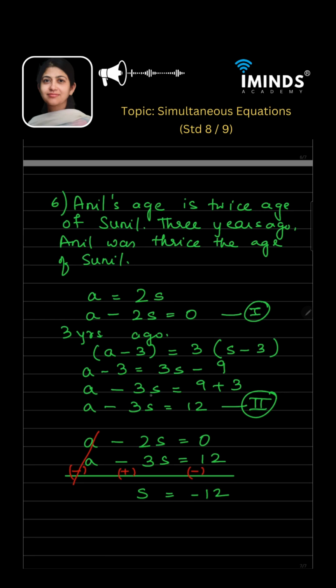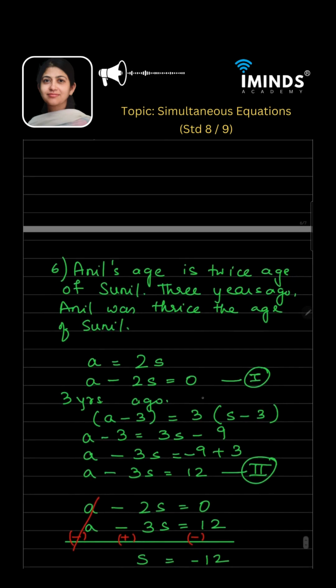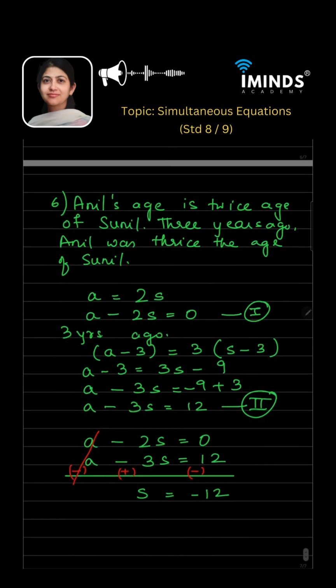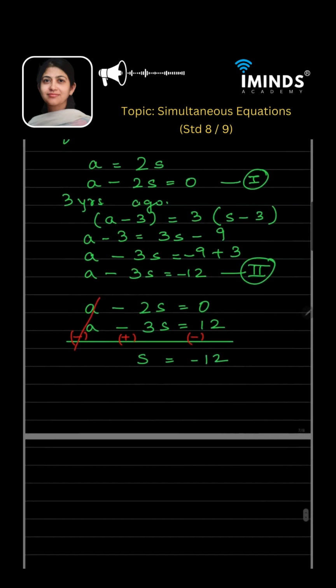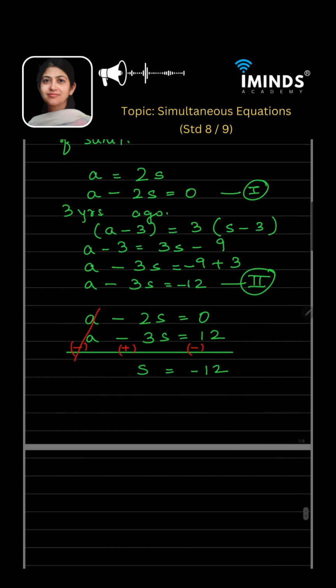A minus 3S is equal to, here it was minus. Minus 9 plus 3. So this will become minus 12. Sorry, I made a silly mistake. The minus sign was not taken. So our second equation is A minus 3S is equal to minus 12.